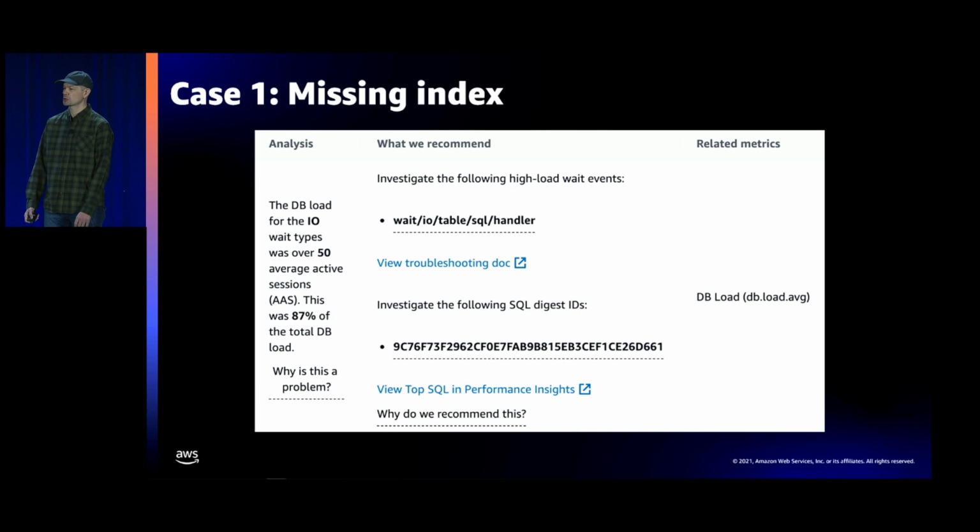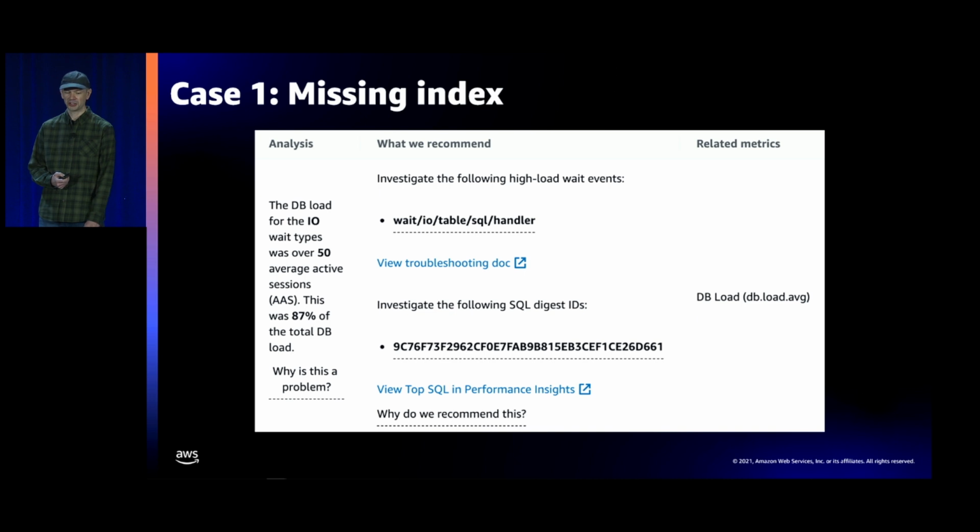The next thing DevOps Guru for RDS will do is that it will run analysis on the spike that it just detected. And specifically what we're looking for is the major troublemakers, the wait events that are dominating the spike, and also the SQL statements that are suffering from those wait events. Looks like in this case there is a single wait event and a single SQL that are relevant to look at.